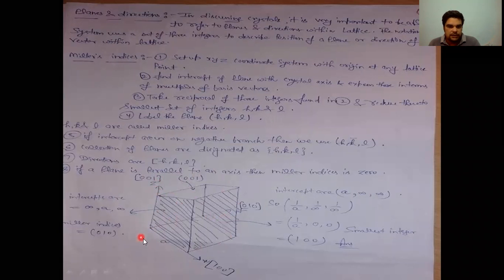We have defined a coordinate system, that is x-axis, y-axis, and z-axis. Whatever plane we need to refer to in a crystal, first of all we need to find the intercepts of the plane with the crystal axes.